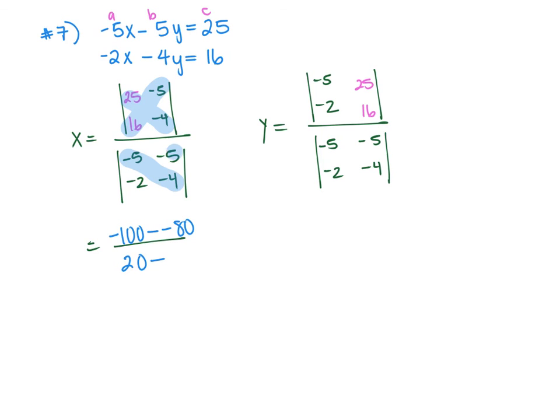Minus negative 5 times negative 2 is positive 10. So in this case here, 20 minus 10 gives me 10. These will become plus signs, so negative 100 plus 80 is going to give me negative 20. So if I divide, this is going to give me negative 2. So it looks like x is equal to negative 2.